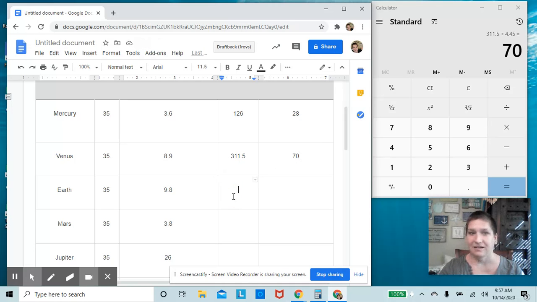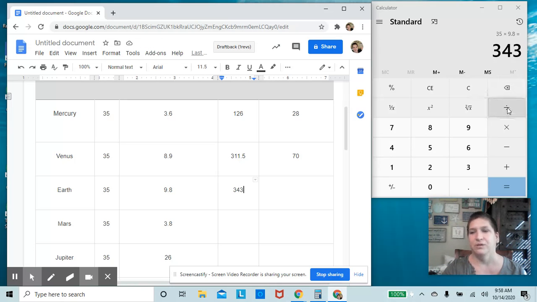Now let's see about here on Earth. Make sure I clear my calculator. Let's look at 35 kilograms, because it's still 35 kilograms, and multiply that by the pull of gravity, which is 9.8 meters per second per second here on Earth. I'm going to come up with 343 newtons. Now I'm going to convert that 343 newtons into pounds.